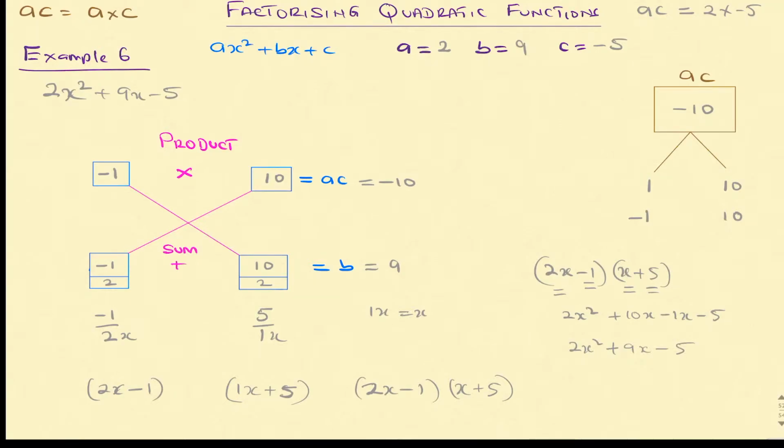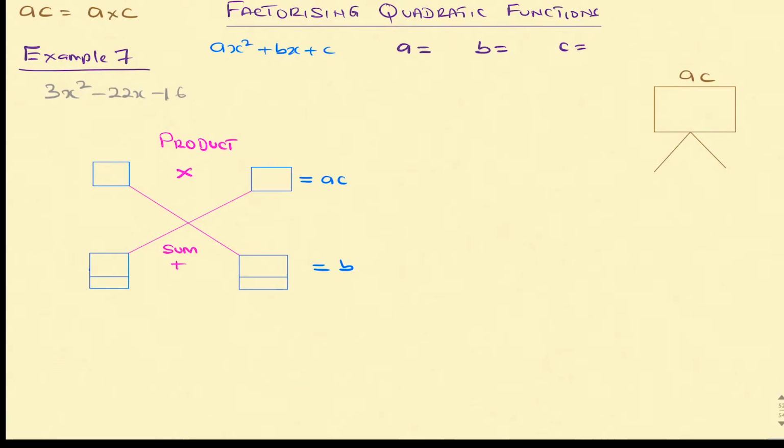So we got the original function back, and therefore our factors are 2x minus 1 and x plus 5. Let's try this example 7. This is a final example.